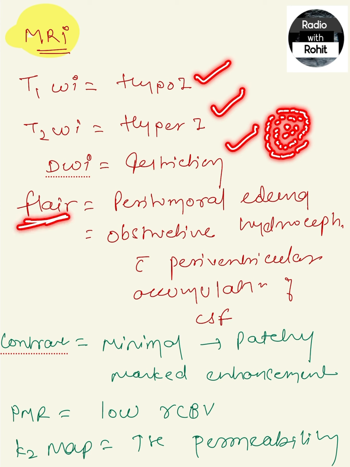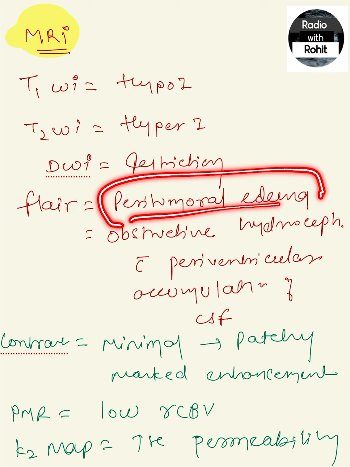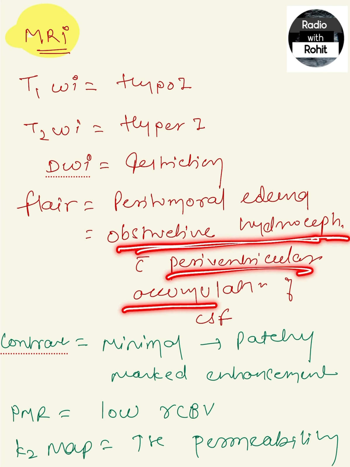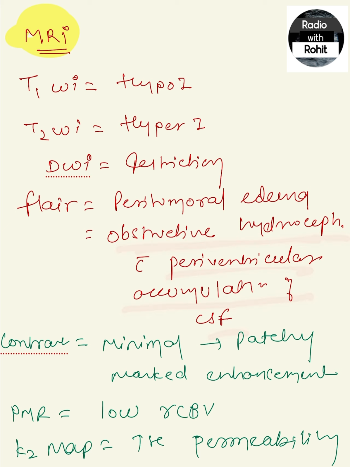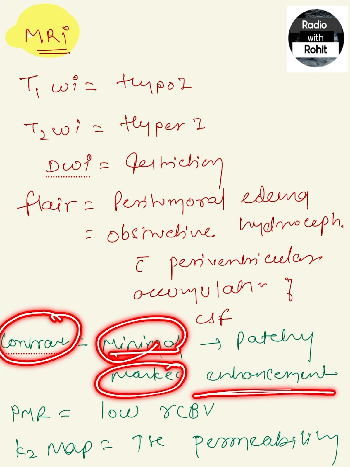On FLAIR imaging, peritumoral edema will be there. This peritumoral edema is because of obstructive hydrocephalus with periventricular accumulation of CSF. So if the obstruction is severe, then the edema will be severe.